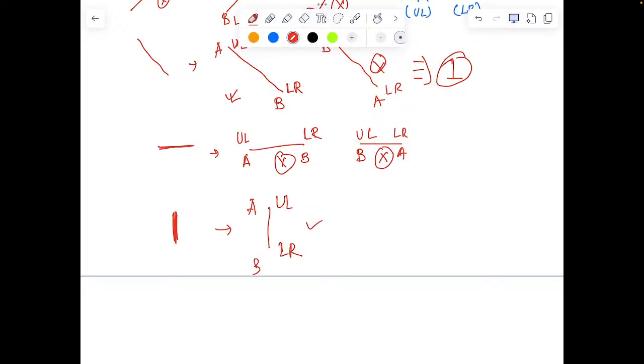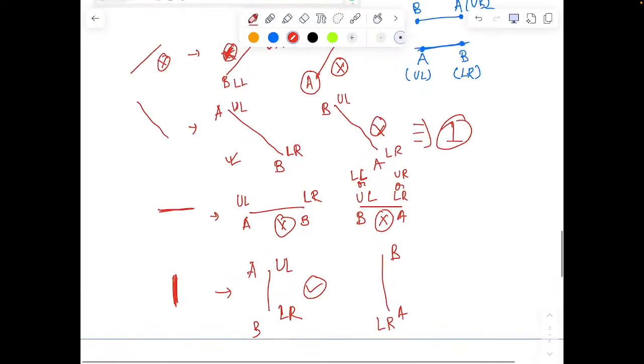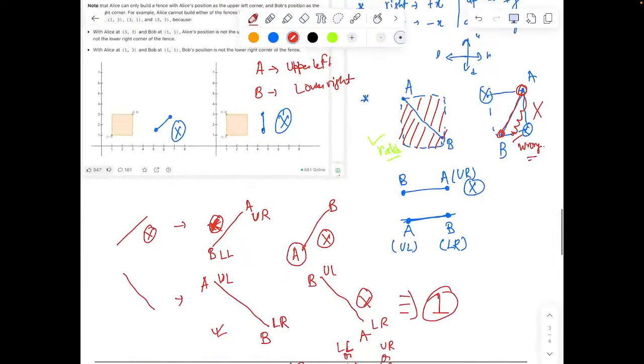This is a correct example. BA, if we go, then this will be lower left or right. Wait, wait. This can be lower left, right? This can be upper right. So A has to be upper left for sure. So this is rejected.